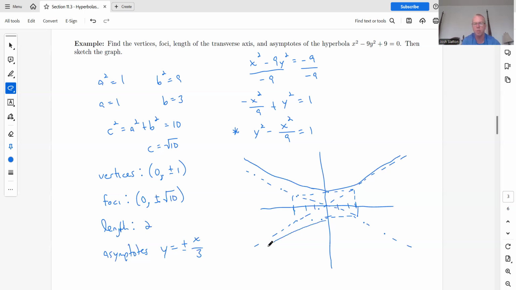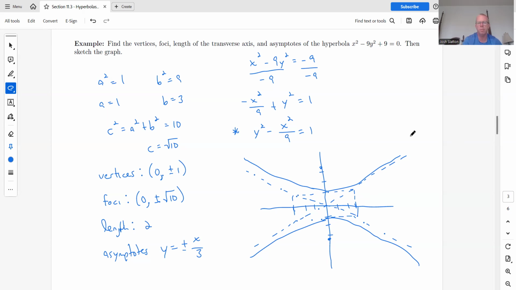Probably not the best drawing, but you get the idea. And then in this case, the focus points are going to be, so 1, 2, 3, a little bit beyond 3. So for square root 10, it'd be a little bit more than 3. So like that.